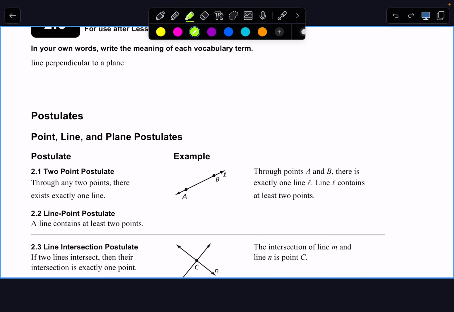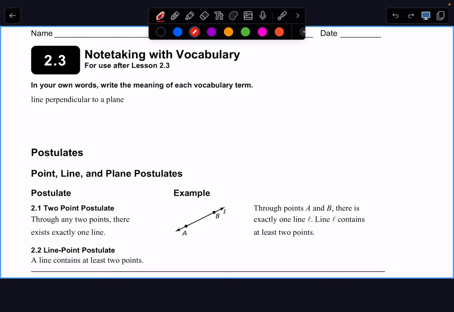Okay? And we're just going to basically talk about some rules. Okay? First of all, if we have a line that is perpendicular to a plane, it will always be marked. Okay?